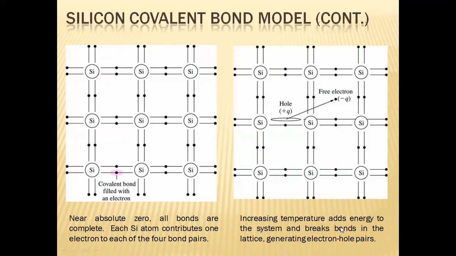So upon increasing the temperature, it adds energy to the system and breaks the bonds in the lattice. So we are already aware of this crystal lattice, which has the covalent bonding maintaining a different structure.